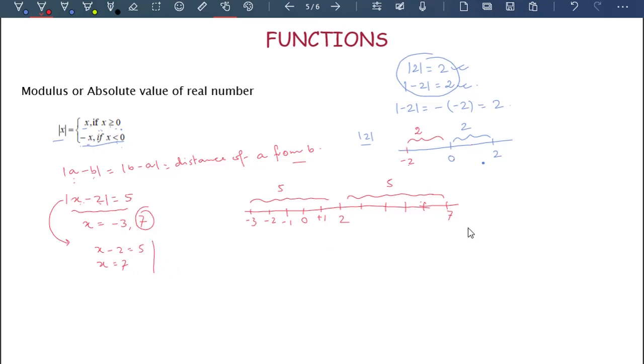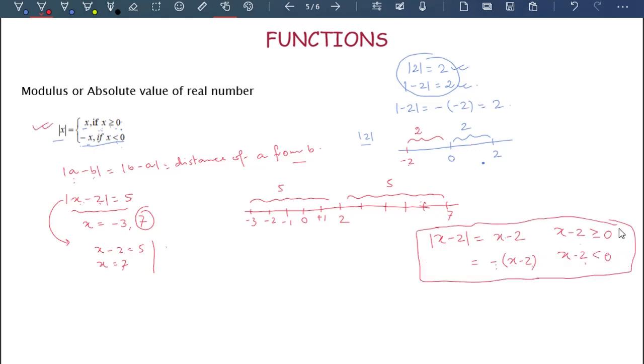To deal with this, modulus of x minus 2 will have two values. It will be x minus 2 when x minus 2 is greater than or equal to 0, and it is minus of x minus 2 when x minus 2 is less than 0. This is the definition of modulus. You directly get it from this.